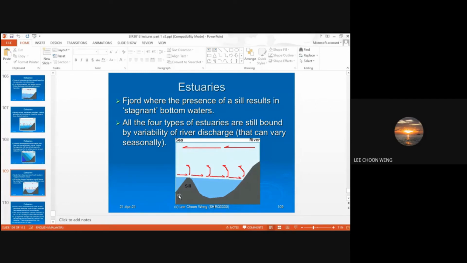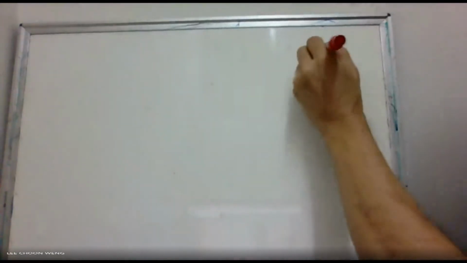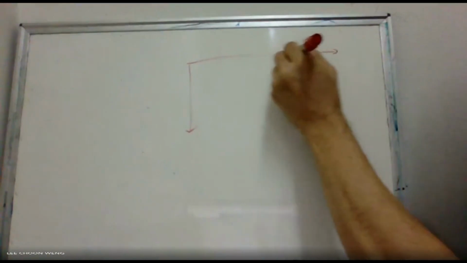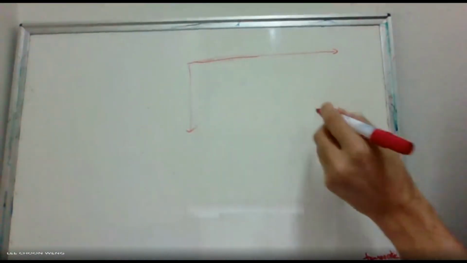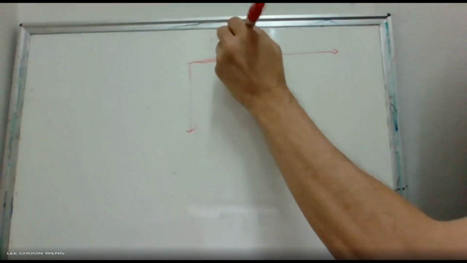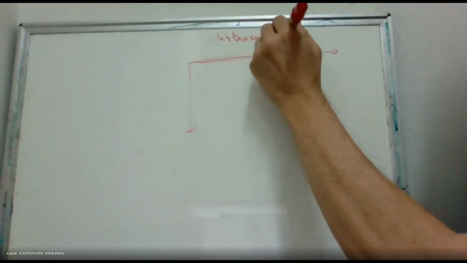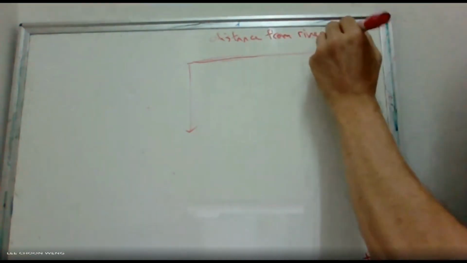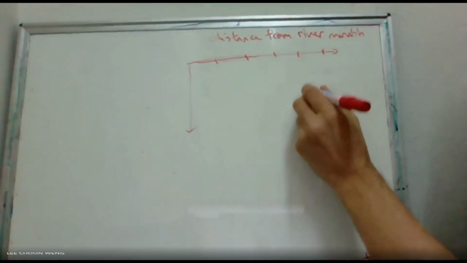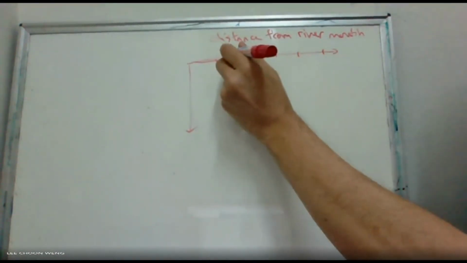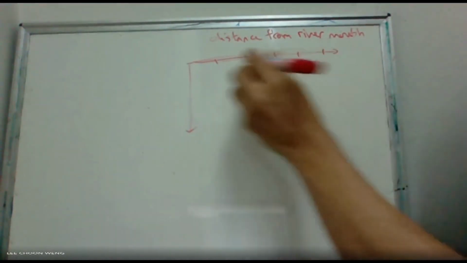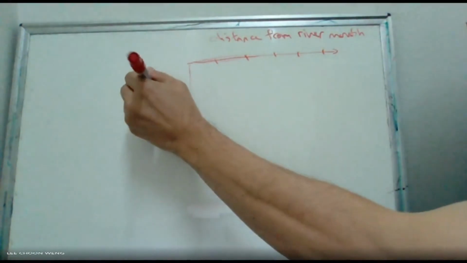Okay, we can also have contour plots where we look at the distance from the river mouth. The x-axis is the distance from the river mouth, and the y-axis is of course the depth.